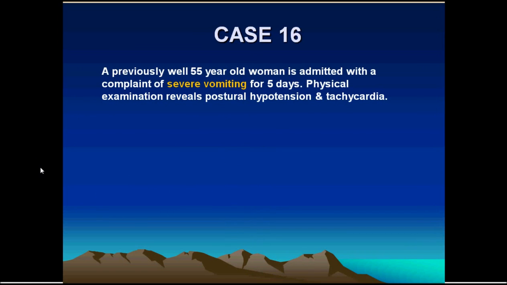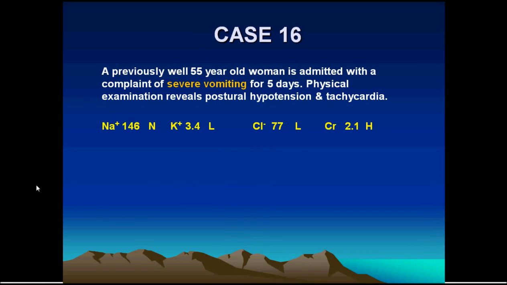This is case number 16. This is a previously well 55-year-old woman admitted with a complaint of severe vomiting. Vomiting for 5 days is too much. Vomiting means loss of chloride and gain of bicarbonate.